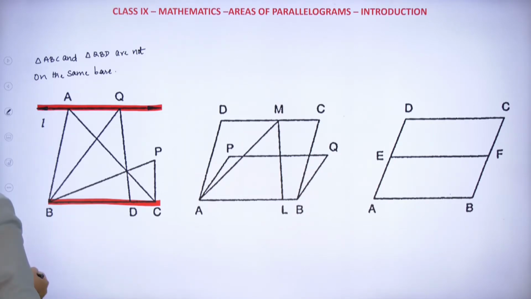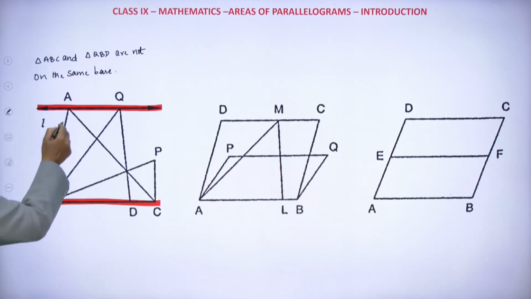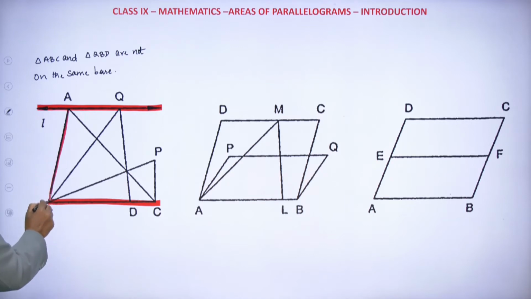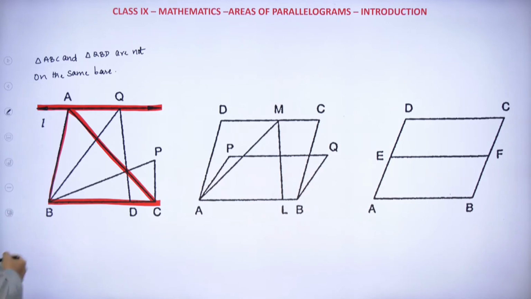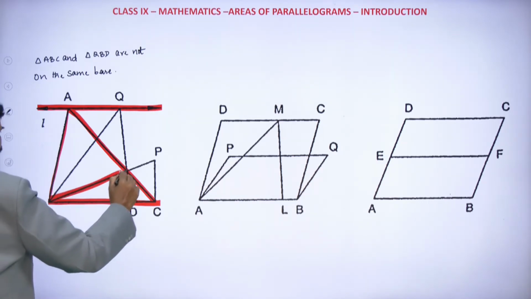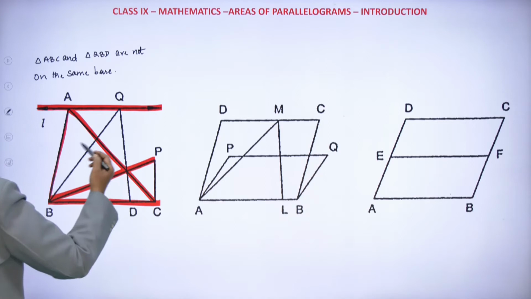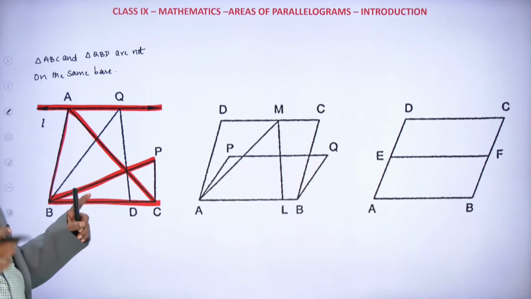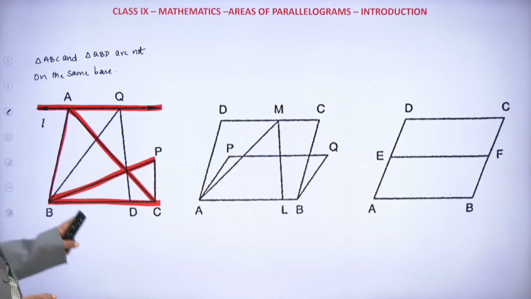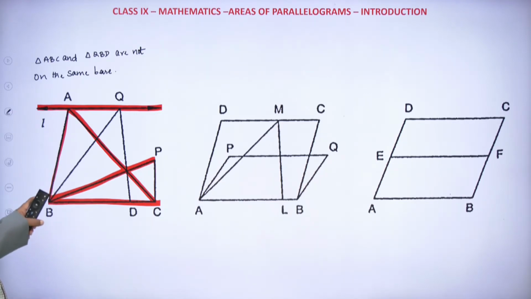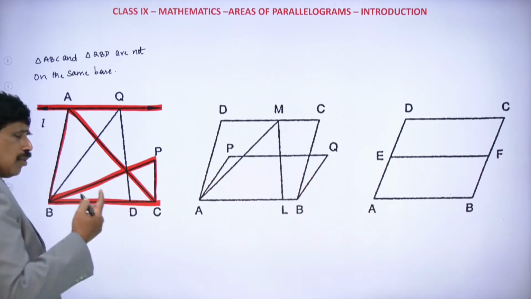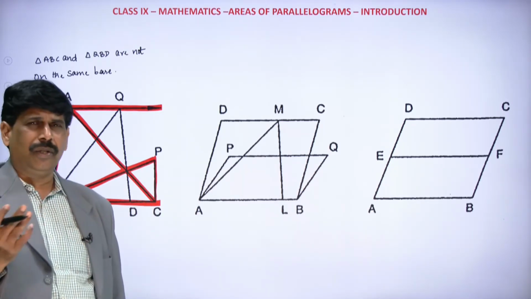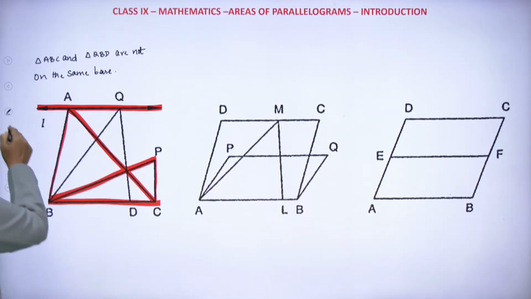But you look at here, triangle ABC, I am talking about this, and you look at triangle BPC. Where are they? They are on the same base. Triangle ABC and triangle BPC are on the same base. But are they between the same parallels? No. So what will we write here?